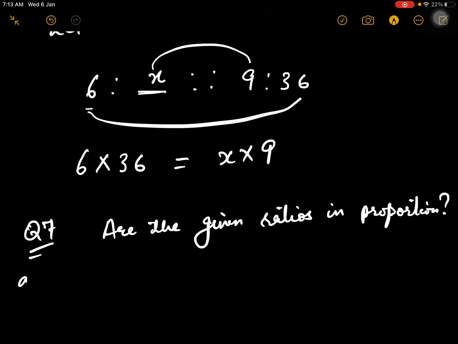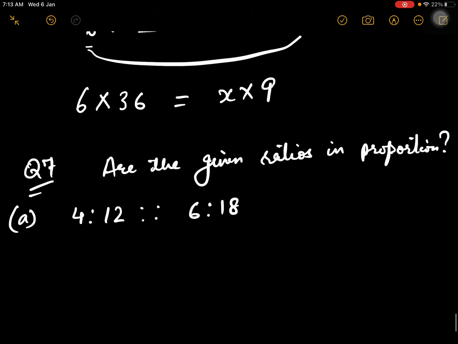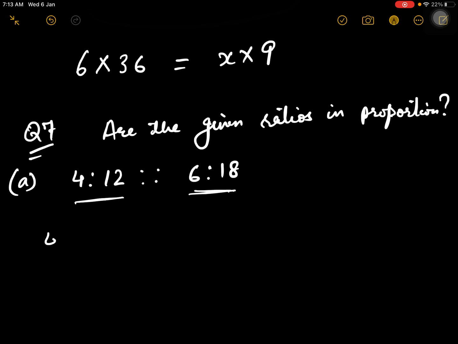I'm going to solve part A, and it is 4 is to 12 proportionate to 6 is to 18. We know the ratios are in proportion if they are equal. If ratios are equal, they are said to be in proportion. So for that, we'll find whether the ratios are equal or not.